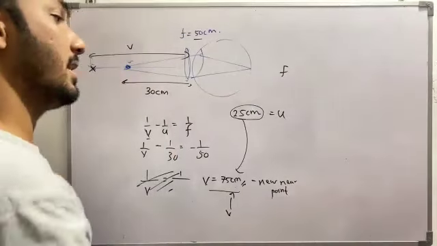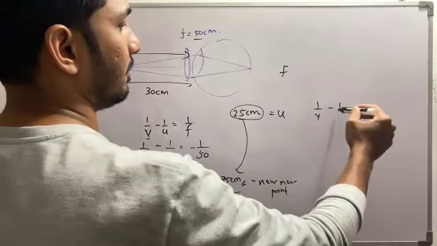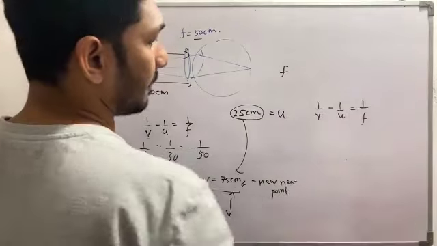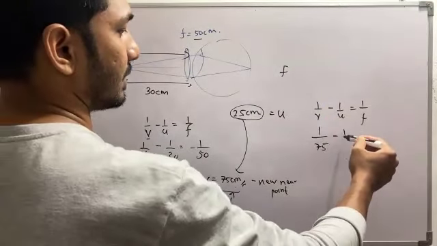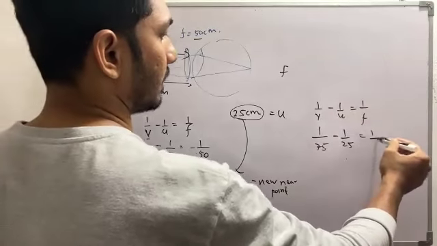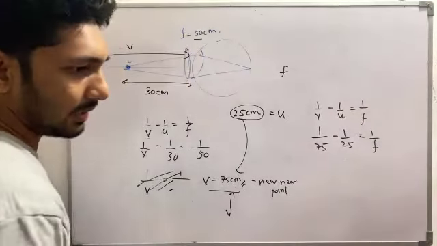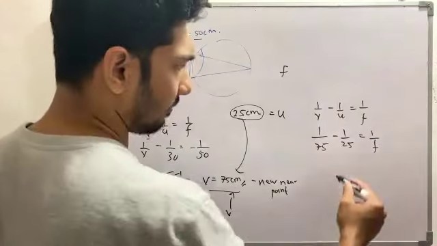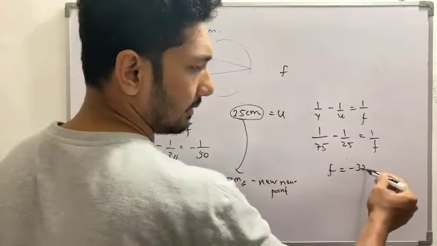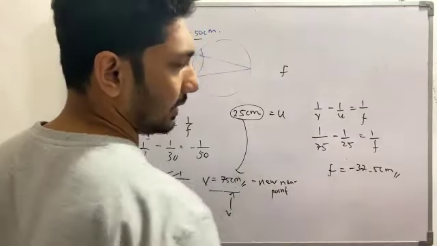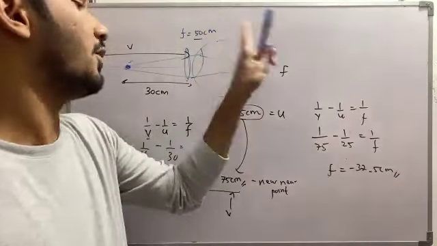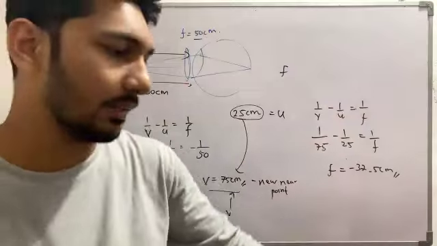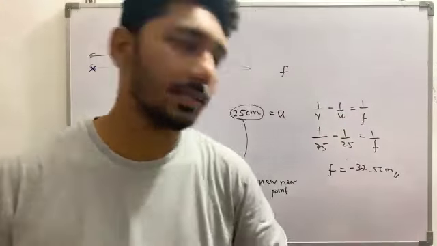Now you will use the same equation, 1 over v minus 1 over u equals 1 over f. 1 over v will be 1 over 75 minus 1 over 25 equal to 1 over f. Right. So now f will be equal to minus 37.5 centimeters. So it is a convex lens with a little bit increased power. Can you see? The focal length has decreased, means the power has increased. Okay, so it's the third answer.